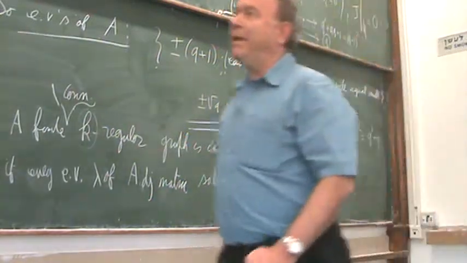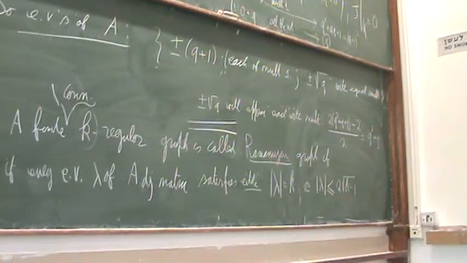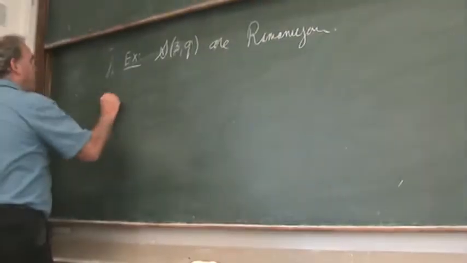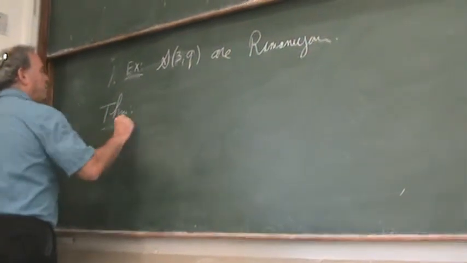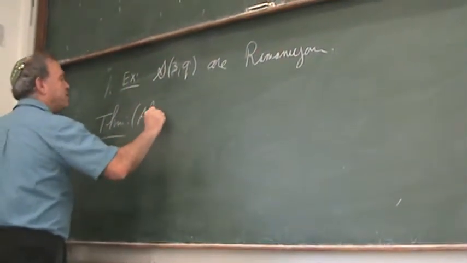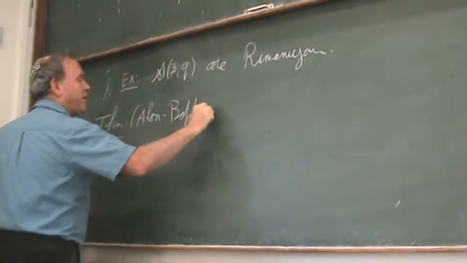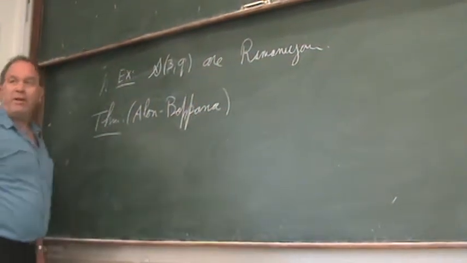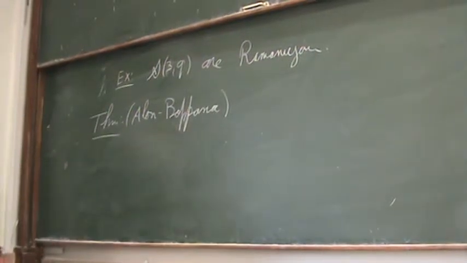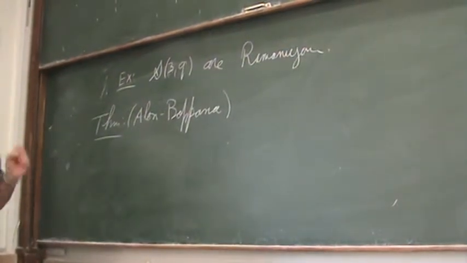Now, you might say that we are contradicting the following theorem of Alon-Boppana. The Alon-Boppana theorem tells you that you cannot do better than Ramanujan. But let's write it carefully.